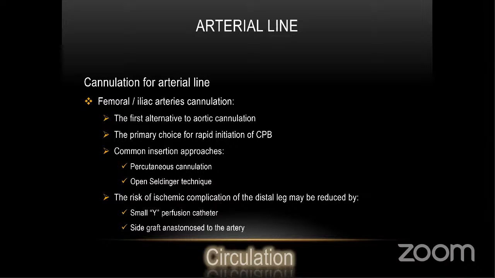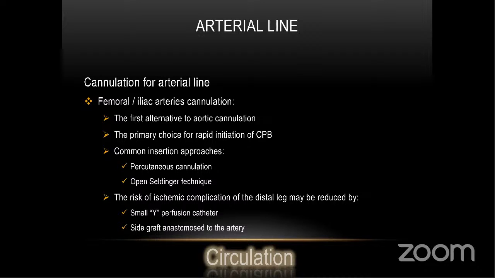The other alternative approach for arterial cannulation is femoral or iliac artery cannulation. It's the first alternative to aortic cannulation and the primary choice for rapid initiation of bypass in emergency situations, such as severe bleeding, cardiac arrest, acute intraoperative dissection, or severe shock, or in minimally invasive surgeries, or in patients going for reoperation.